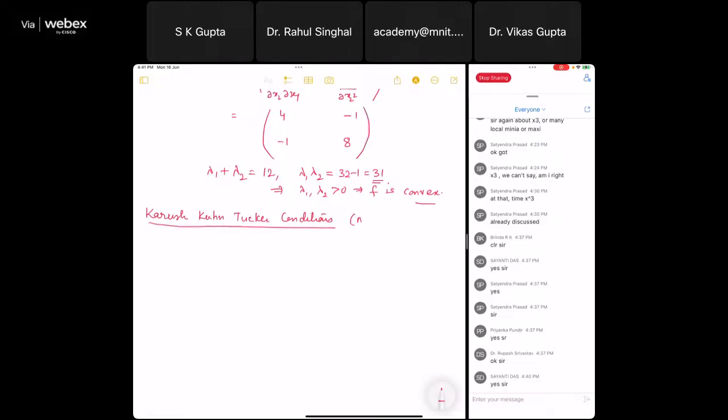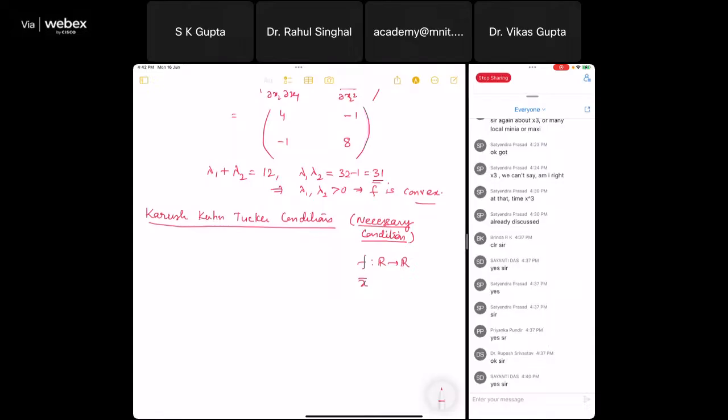First, we will see the necessary conditions. Like you are having a function from R to R. I'm just giving you a simple example. The function is once differentiable, suppose, and suppose x bar is a point of local maxima or minima.